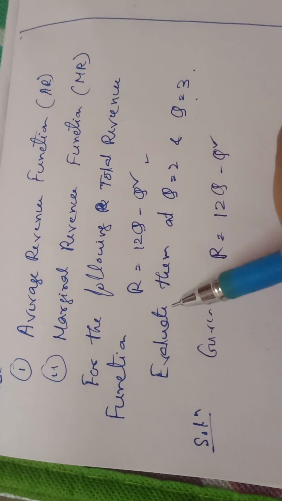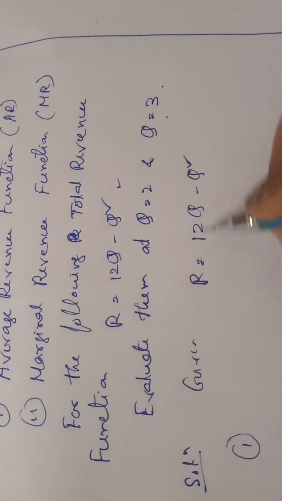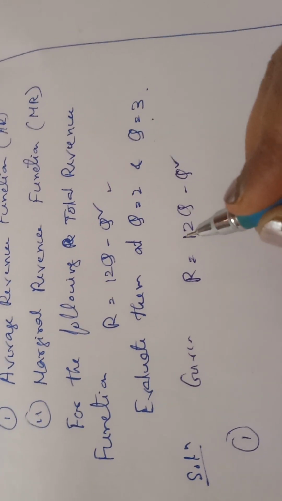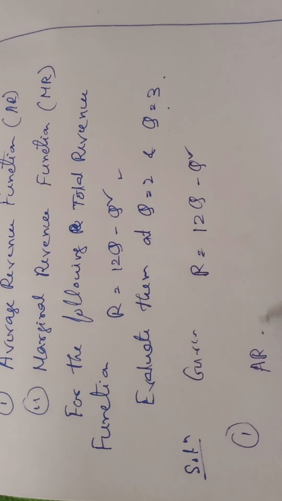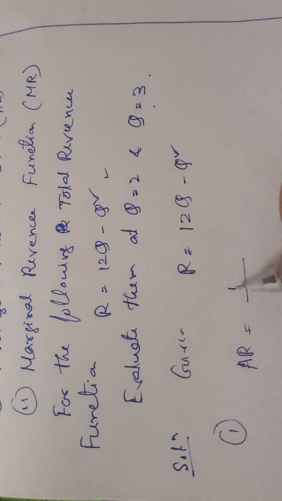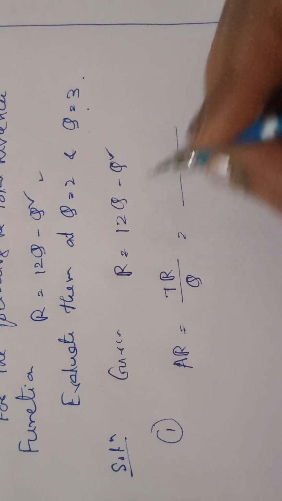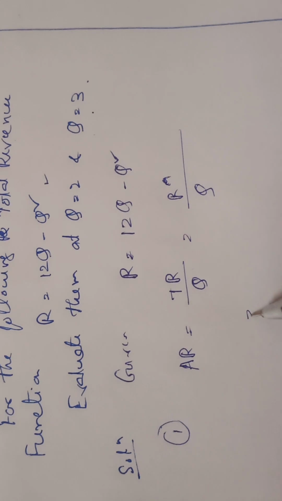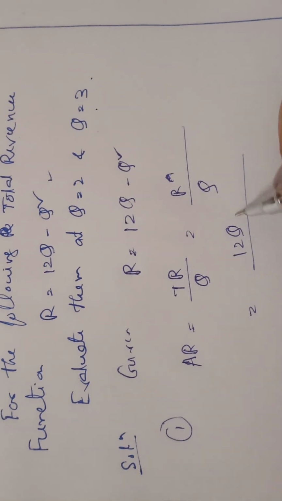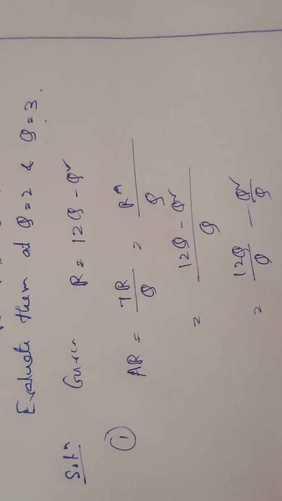इस पार्ट में हम बाद में आएंगे. First we have to calculate the average revenue function. This is the total revenue, which may be given in terms of TR or R. Average revenue AR is TR by Q, or R by Q. R is 12Q minus Q square divided by Q. If we separate it, 12Q by Q minus Q square by Q. Q gets cancelled.